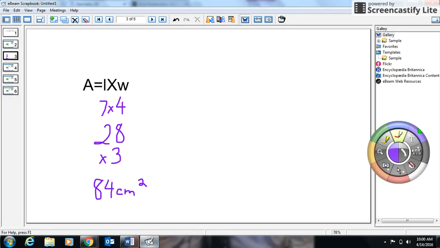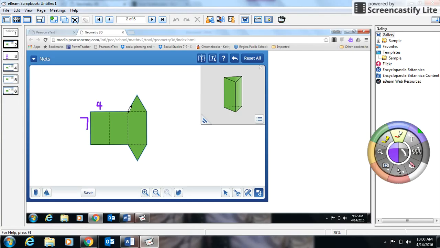Great, that's easy. But let's go back and look at this. As you can see, there's this triangle right here. Do you see that triangle? There's 2 of them. They're congruent. So basically, if I figure out the area of this triangle right here, I know the area of that triangle right there. So let's go look at this. That's why I pulled the triangle off here. I know the lengths of each side of the triangle is 4.